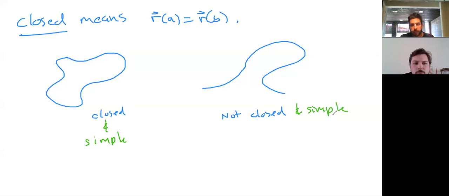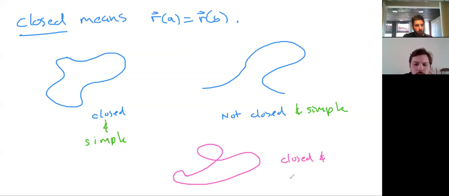Because it doesn't intersect itself. But then down here, I could draw something like this. This guy is closed and not simple. Does that make sense? Maybe.